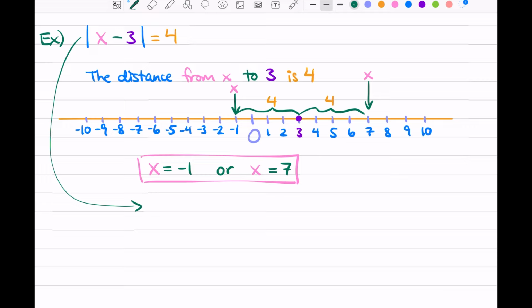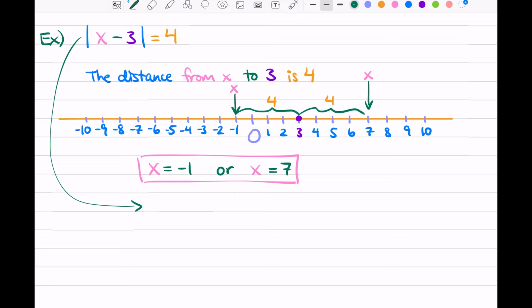So let's go ahead and plug each of our solutions into our clues at the top and see if they make sense. We have an equation there, right? We have something equal to something else. So our answers of -1 or 7 should both satisfy that equation.